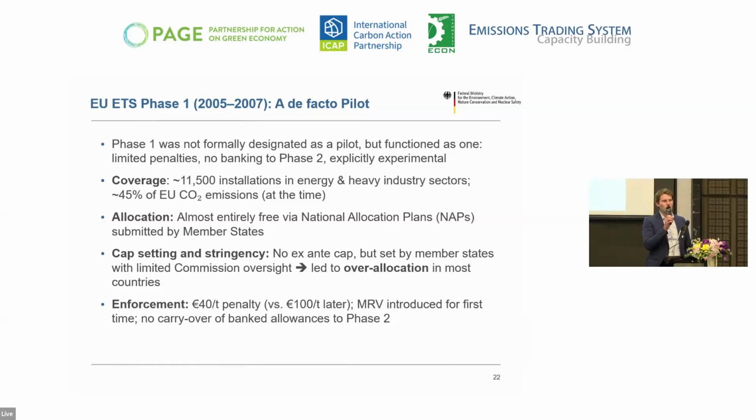So there was no clearly defined cap in advance at that time. That also led to over-allocation in most countries, so there were more allowances in circulation than the cap, which eventually caused the prices to drop almost to zero. That was then changed in the later phases.